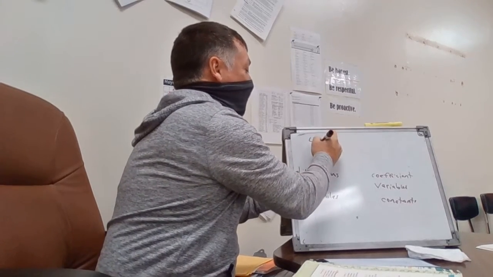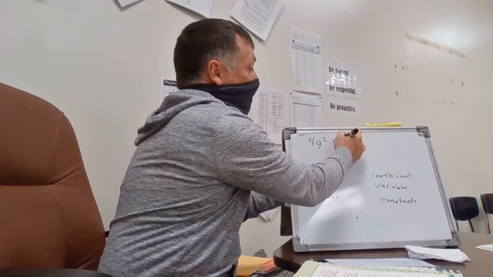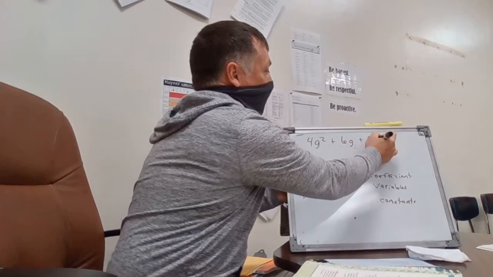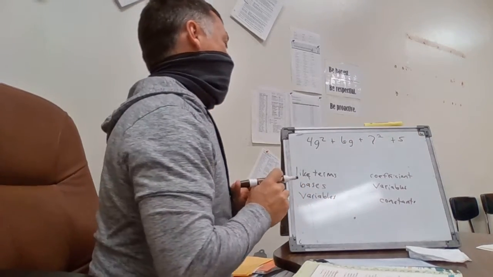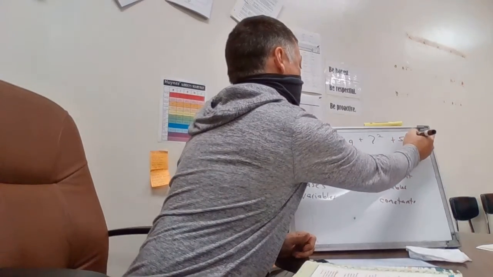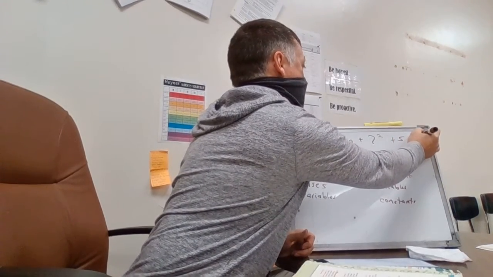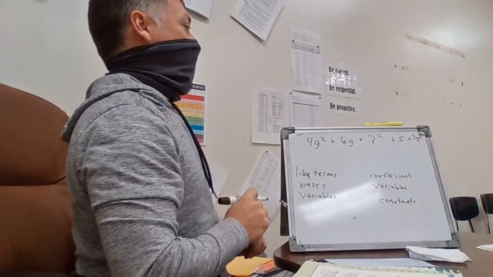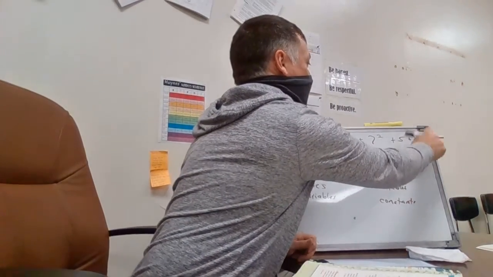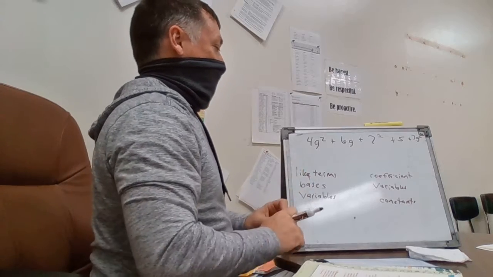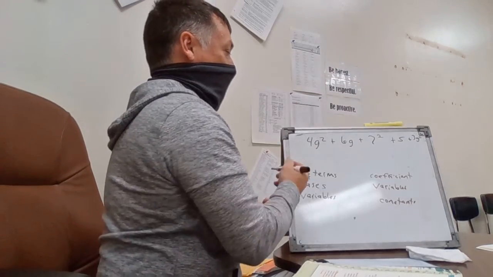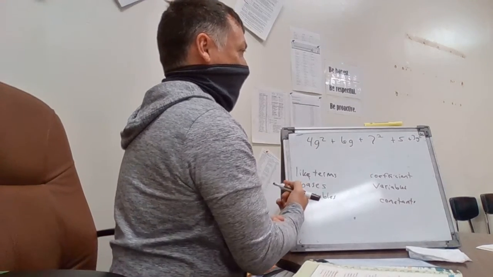All right, 4g squared plus 6g plus 3g squared plus 7 plus 5. Okay, so like terms. What are the like terms in this?